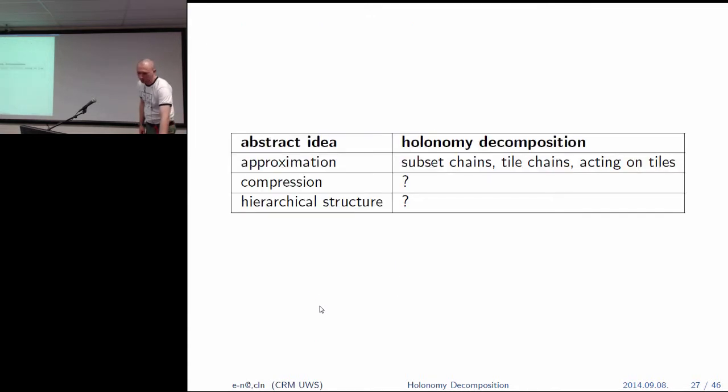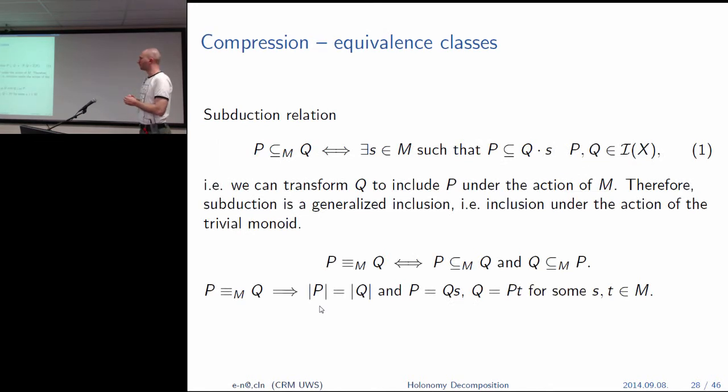Okay, so we finished with one concept, the concept of approximation. And let's talk about compression. So we have a new relation here defined on the extended set of images.